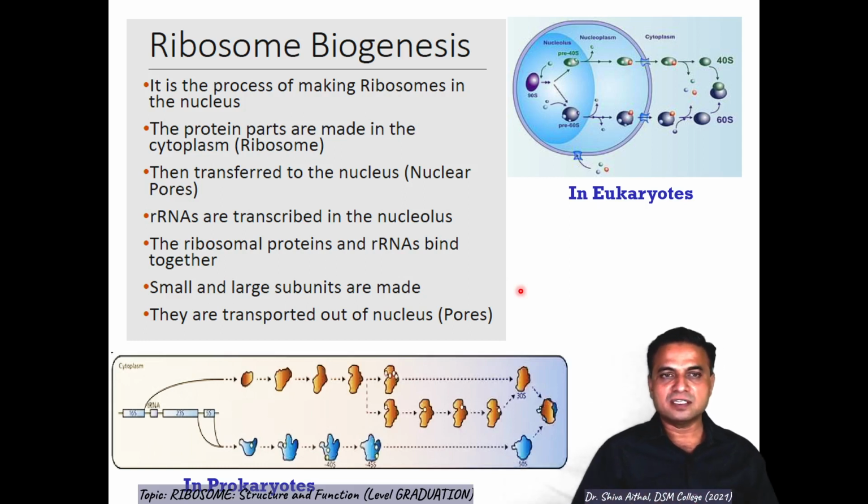The protein parts are synthesized in the cytoplasm. Biogenesis is the process of making ribosomes in the nucleus in eukaryotes and in the cytoplasm in prokaryotes. The RNAs are transcribed, the ribosomal proteins and the RNAs bind together, small and large subunits are made, and they are transported wherever they are needed.